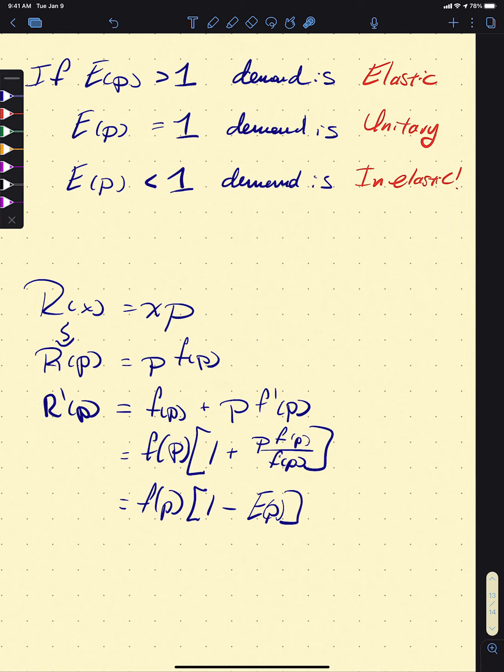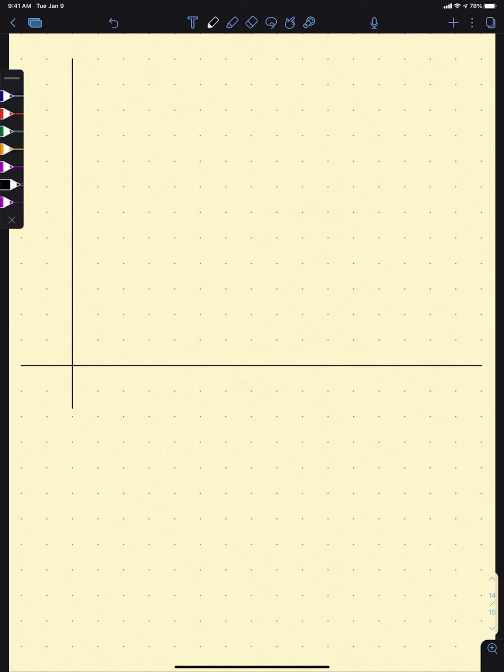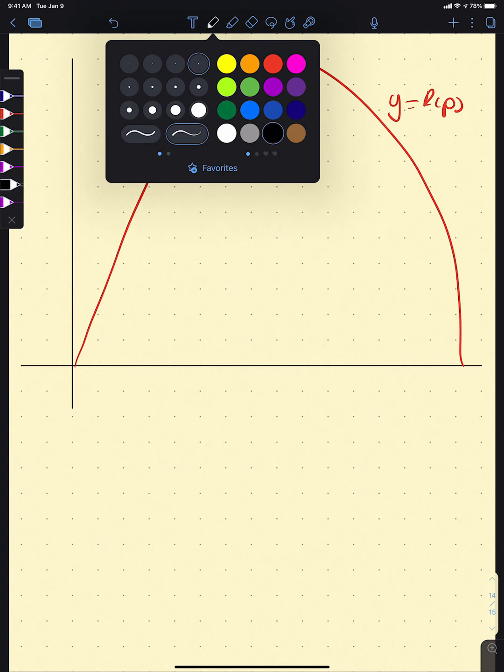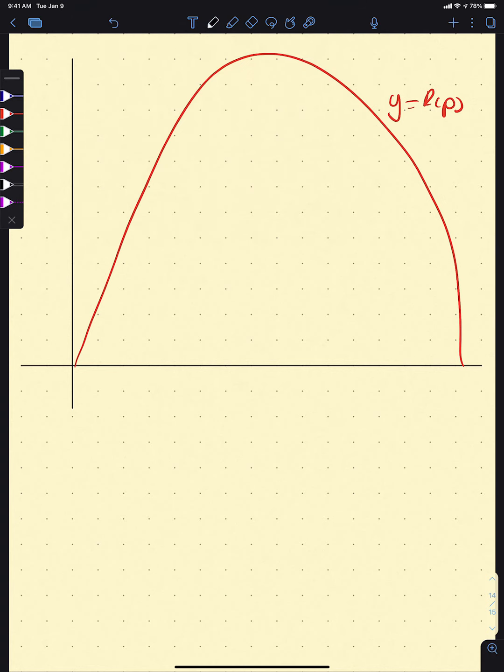This is going to sum up in what ends up as a really nice model. Let's say we have some revenue function, I don't know, they look like that: y equals R of P. And there's this point right here in the middle.